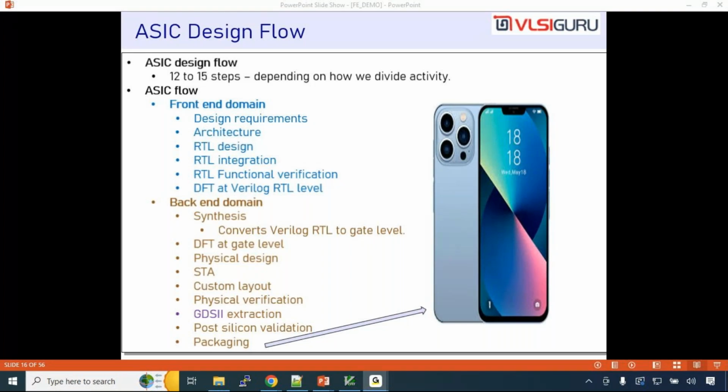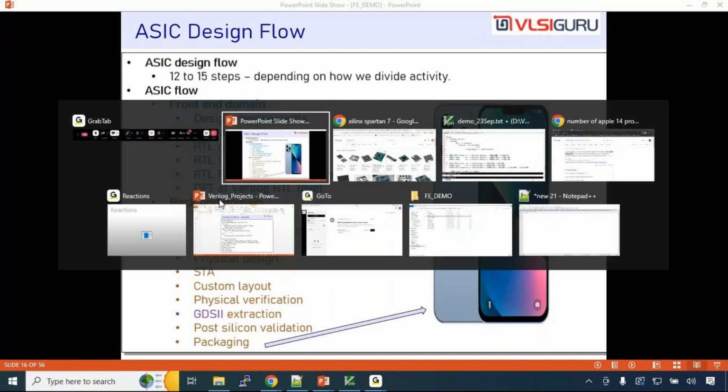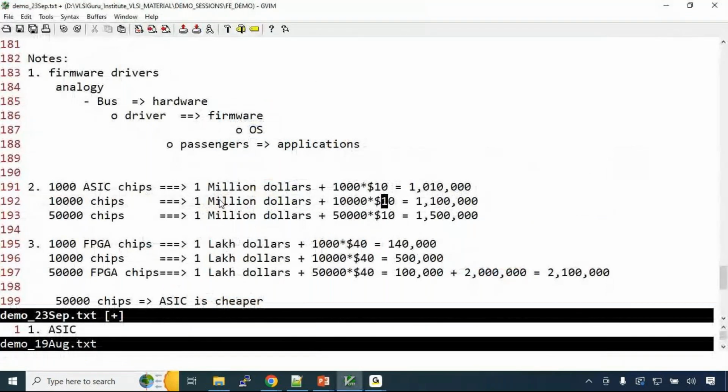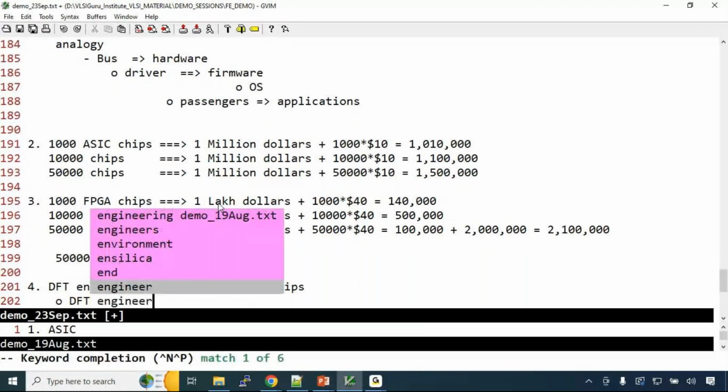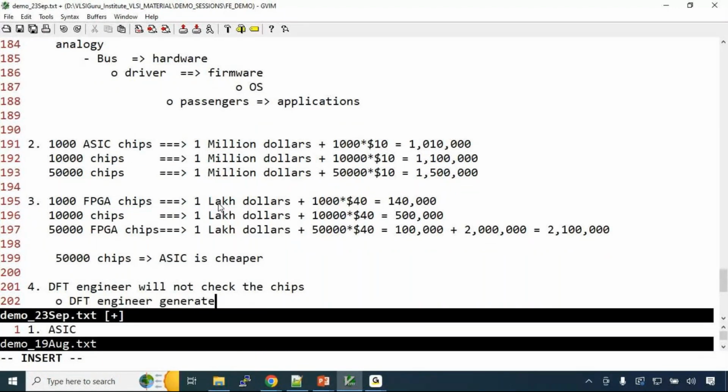No. DFT is also done at the coding level only. Actually, what a DFT engineer does is, he will not sit and do the verification. DFT engineer will not check the chips. DFT engineer generates test patterns.